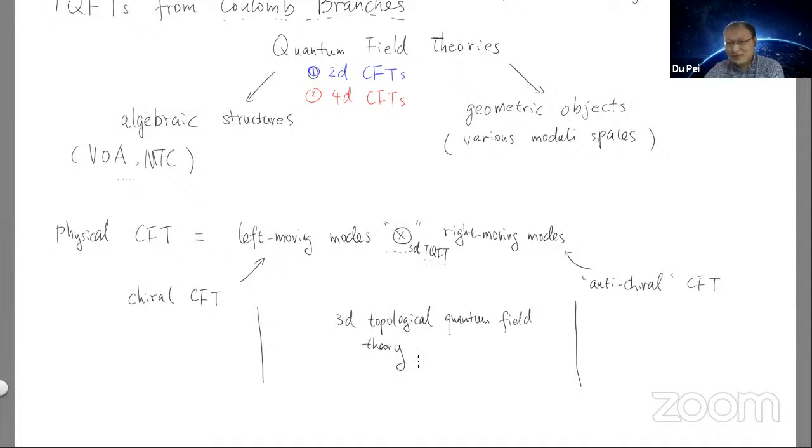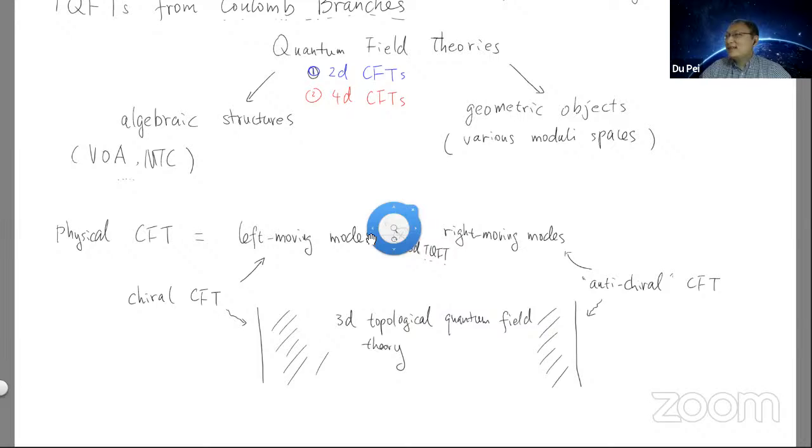They are field theories of a very special kind, they enjoy a lot of symmetry, and they are invariant under any small deformations. Then the 3D topological quantum field theory can have two-dimensional boundaries. The chiral and anti-chiral conformal field theories live on the two boundaries of this three-dimensional topological quantum field theory.